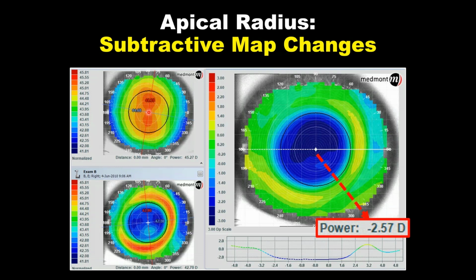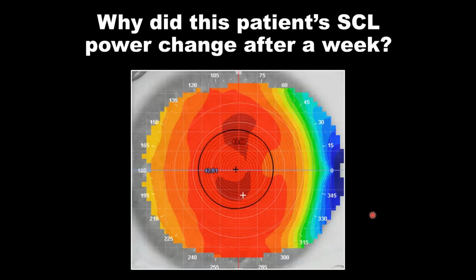If we click our cursor right on the center of the topography on the visual axis and compare the power of the eye before ortho-K to the power of the eye after ortho-K, there's a 2.57 diopter difference, or about a 2.5 diopter flattening. So I don't need to do a refraction on this patient. I just simply go to the axial subtractive map, compare before ortho-K to after ortho-K. The difference map will tell me how much change was at the fovea, how much change is on the visual axis.